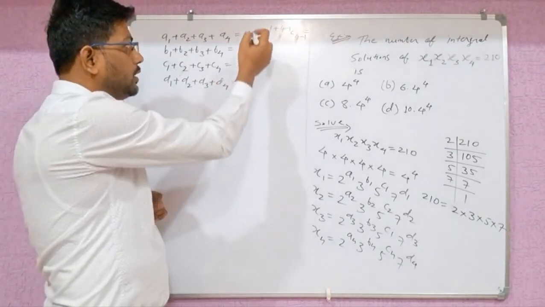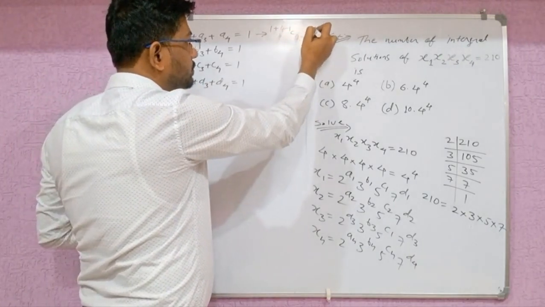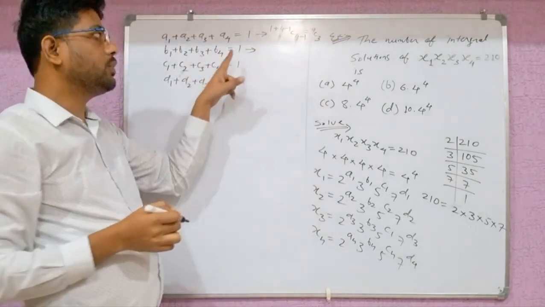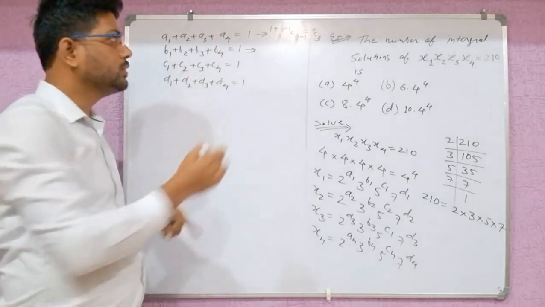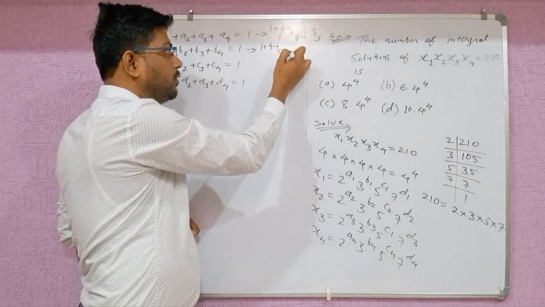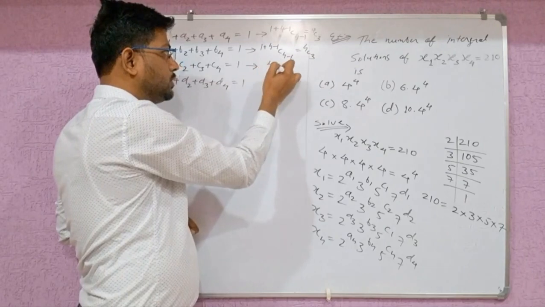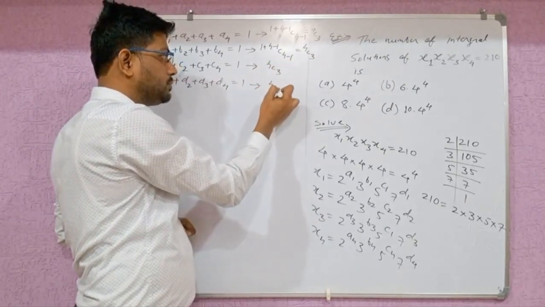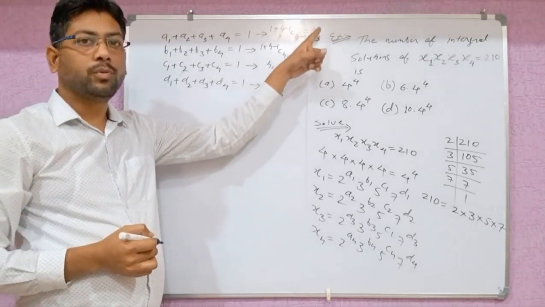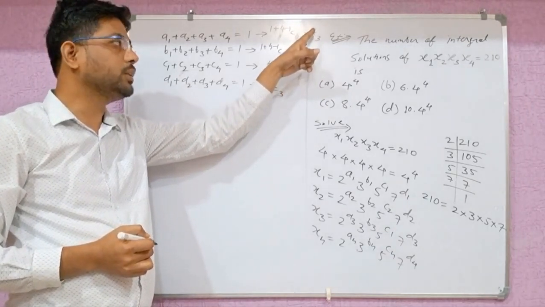So here this will be 4C3. This is also a similar equation. Here also the number of variables is 4, so this will be 1 plus 4 minus 1 C 4 minus 1, again 4C3. Here also this will be 4C3, and here also 4C3. This 4C3 means 4C1, which is nothing but 4 only.